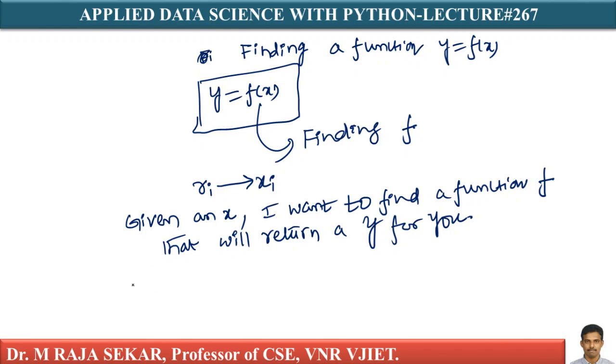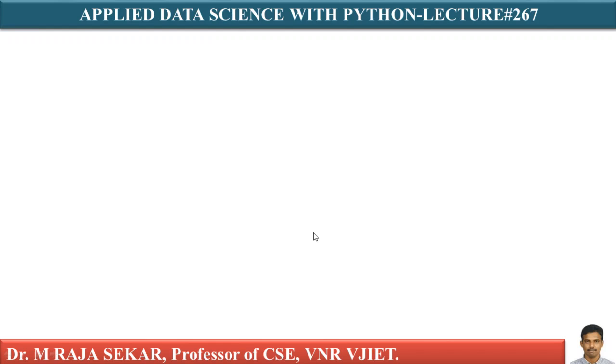What is y here? Y is whether the review is positive or negative. That's what it says. What is x here? X is review text. Let me write it otherwise.